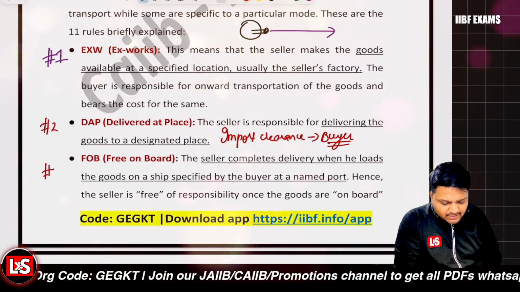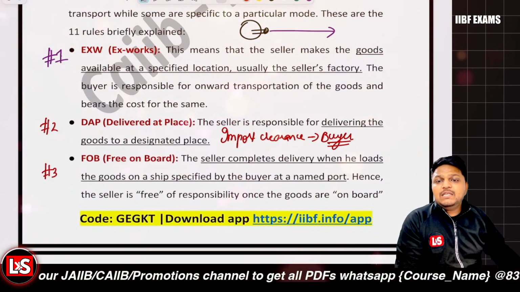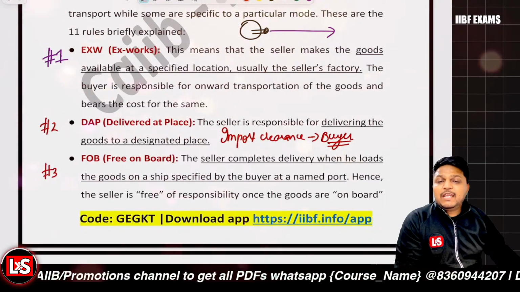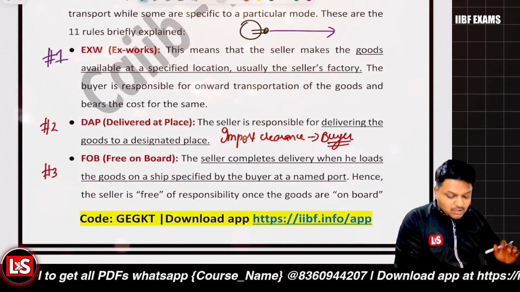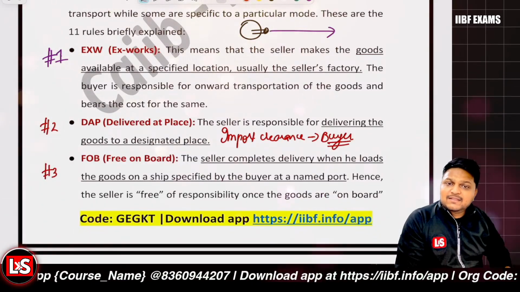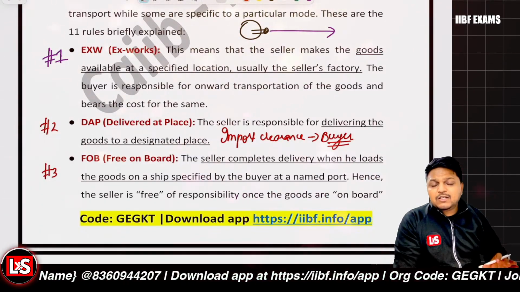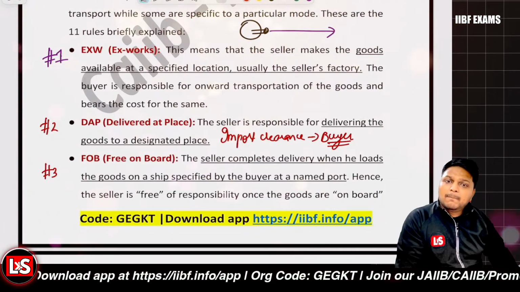The third one, it's very important, is free on board, the FOB value. The seller is going to load the goods on the vessel. And further, when the goods are on board, after that the risk is going to transfer to the buyer.